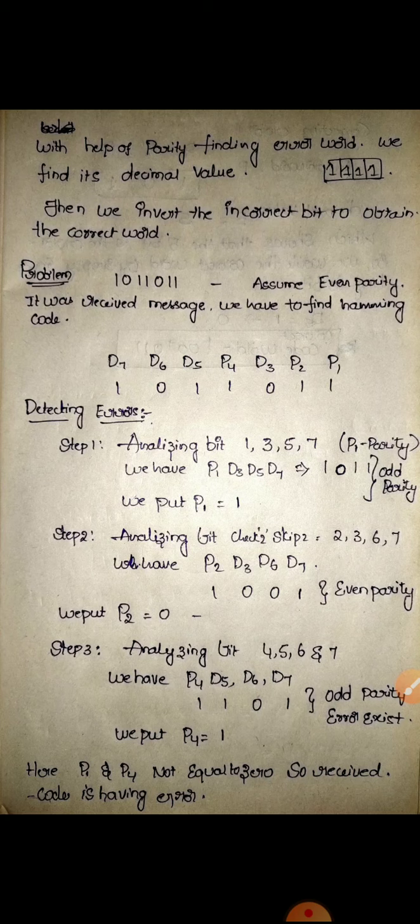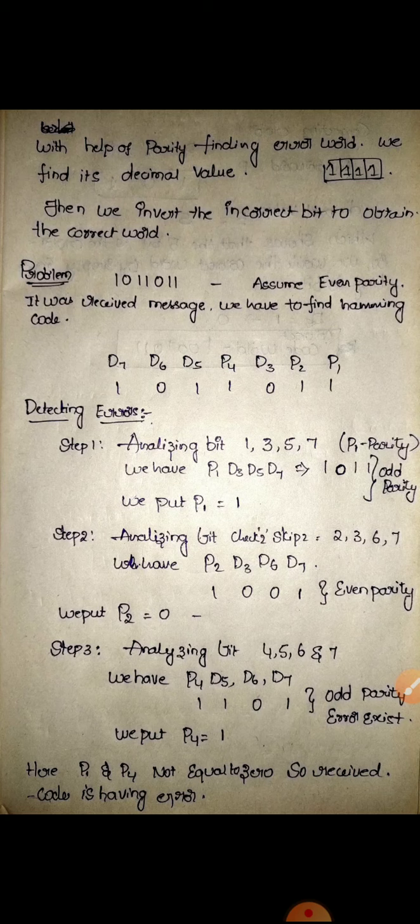Why have we put P1 is equal to 1, P2 is equal to 0, P4 is equal to 1? So we have to find out at which location the error is present.